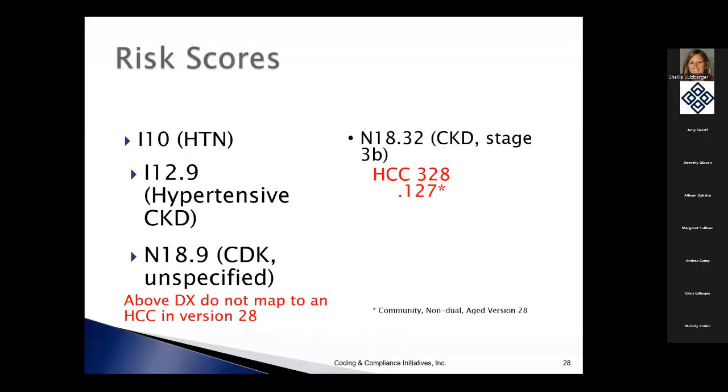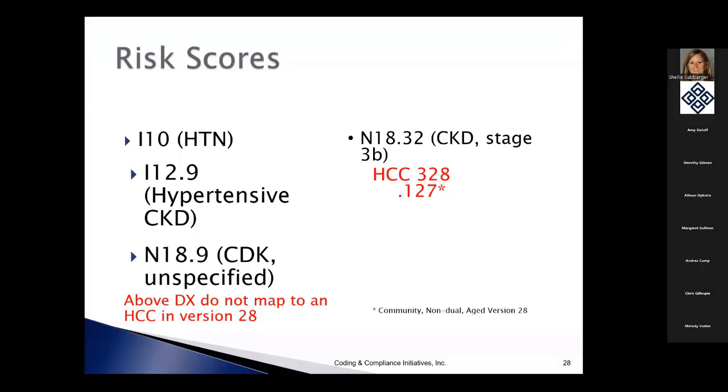So this slide, hopefully for providers and coding and quality teams, gives you a really good picture of how important diagnosis coding is.